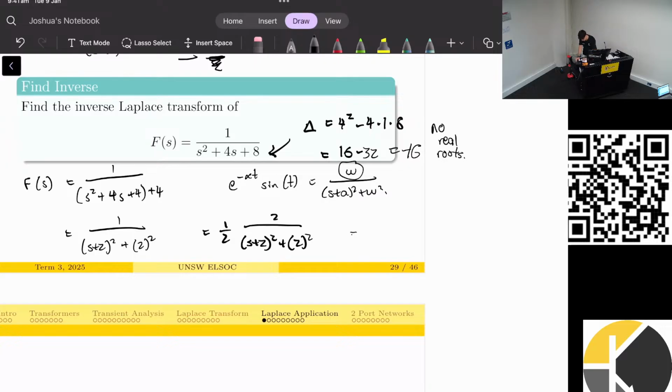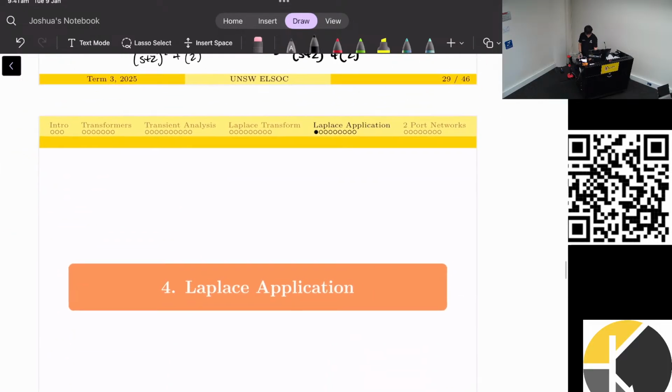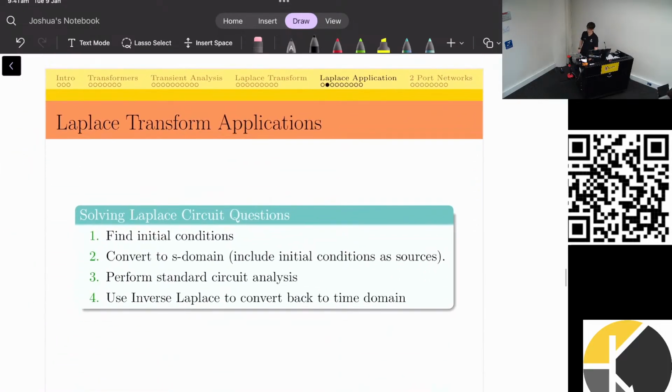So I'll just apply that. So I have a half. A is 2, so I have e^(-2t). And omega is 2. Oh, sorry, this is meant to be omega t. So this is sine of 2t. Done. Alright. Fun stuff.